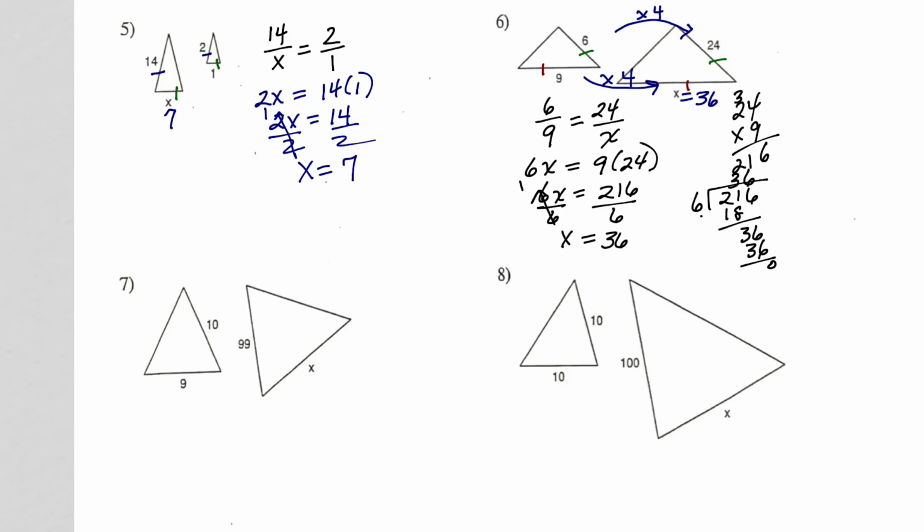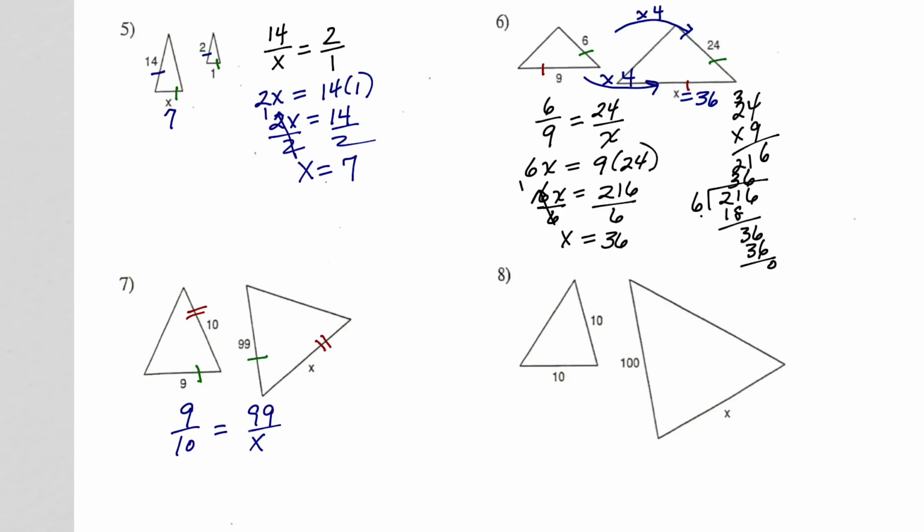First thing I do is identify corresponding sides. Okay, so I think this looks like the base and this looks like the base. Then this would be corresponding to here. So when I set up my proportion, I'm going to have 9 is to 10 as 99 is to x.